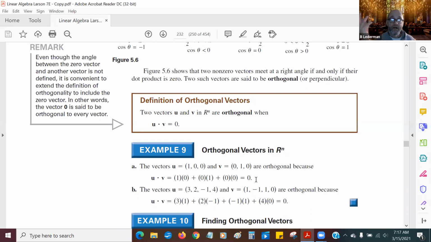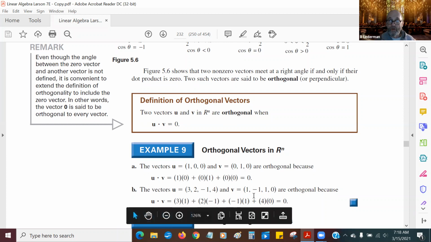By the way, it makes a lot of sense in R3, because this is a unit vector on the x-axis and this is a unit vector on the y-axis, and we know the x-axis and the y-axis are perpendicular. So it physically makes sense, and the formula bears that out as well.